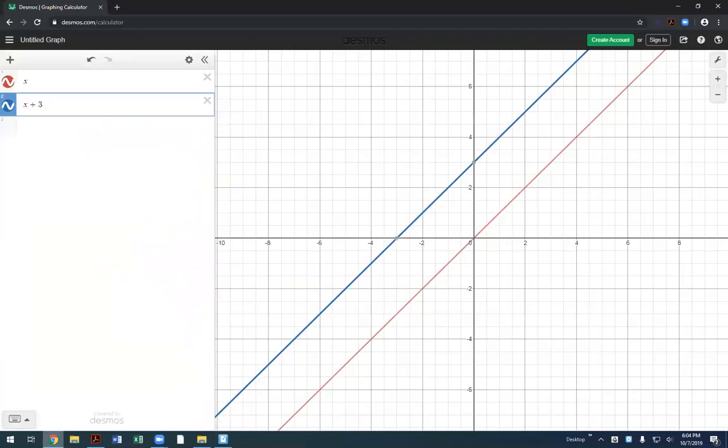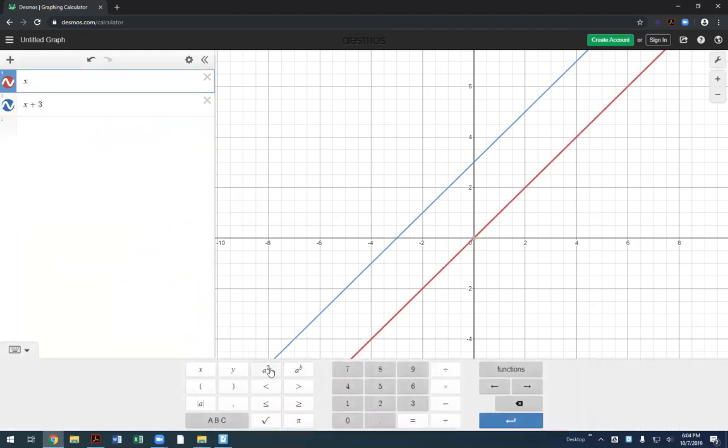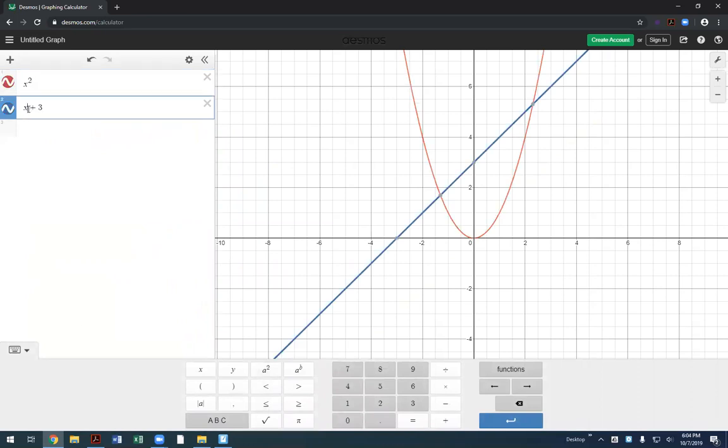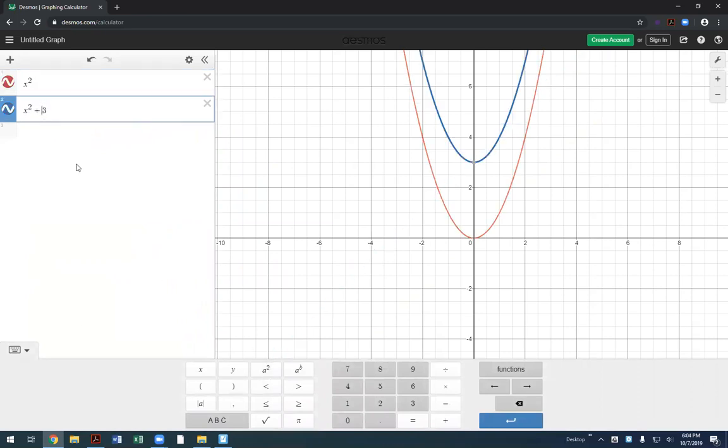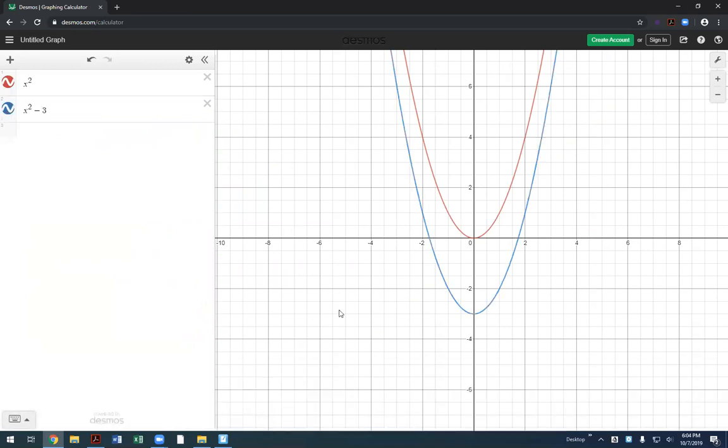Let's look at our drafting calculator example. This guy will be x squared. This will be x squared minus 3. So remember, these are rigid transformations because the shape of your graph is not changing. You're literally just picking your graph and moving it 3 units down.